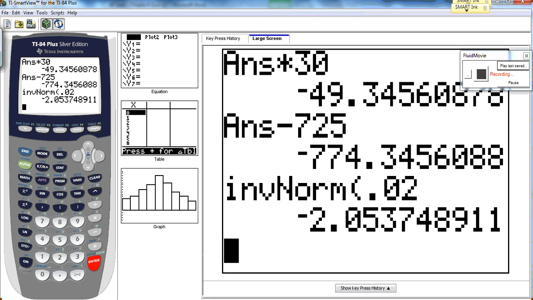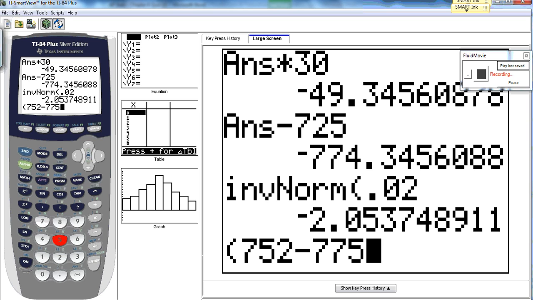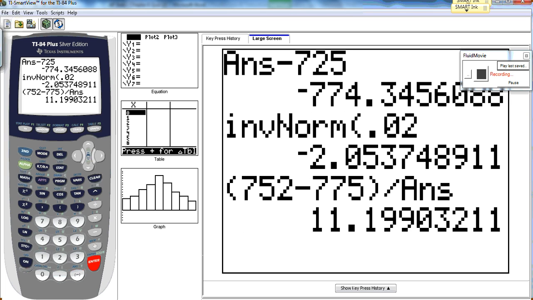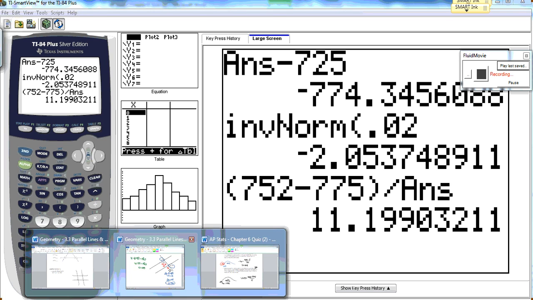So when we do this calculation, 752, actually let's put this in parentheses, 752 minus 775 divided by second answer, and we get approximately 11.2 pounds for the standard deviation, and that's the way that problem should have been done.